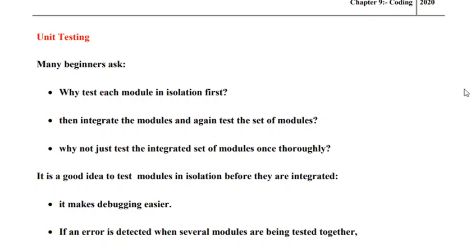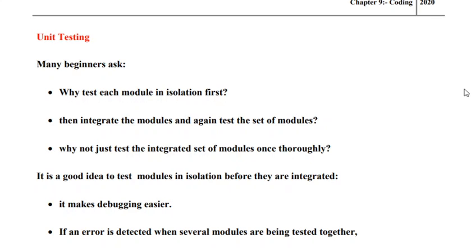The second one is to restrict the size within which the errors, if committed, can be determined. Because if you are trying to determine an error within a module, the size may be considerably less compared to the situation when we are trying to determine the error in a collection of modules.